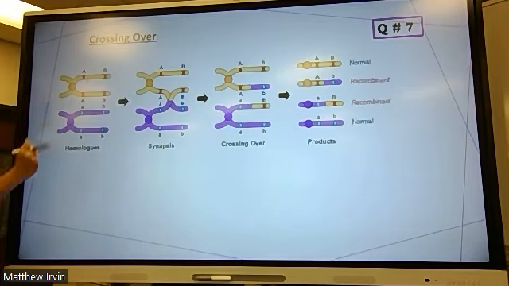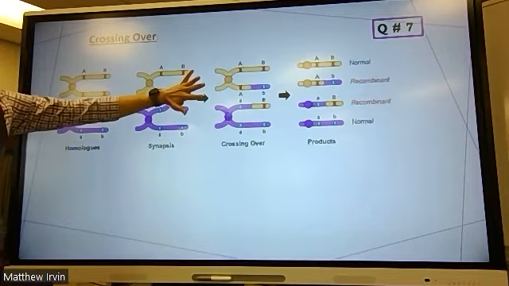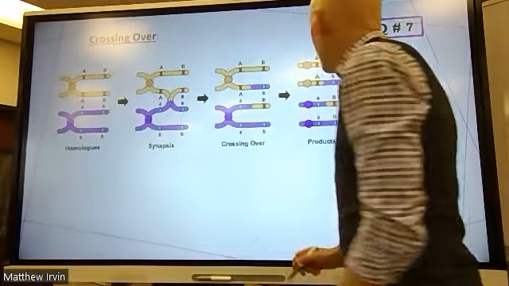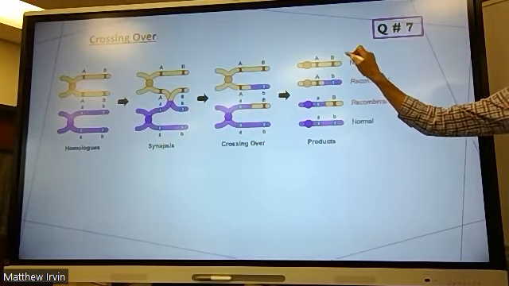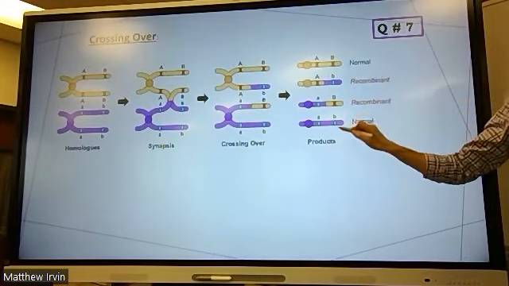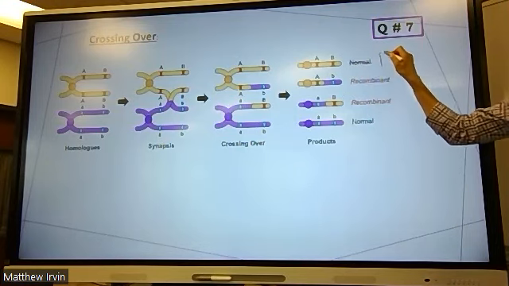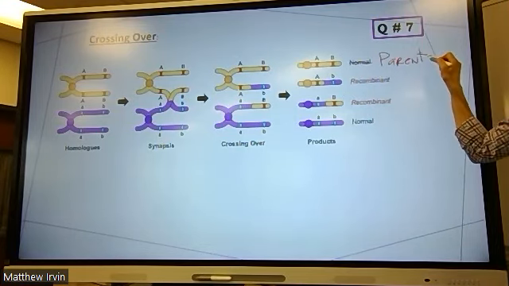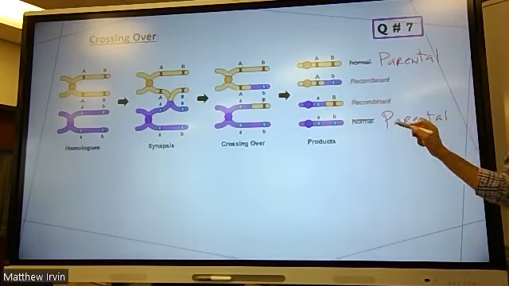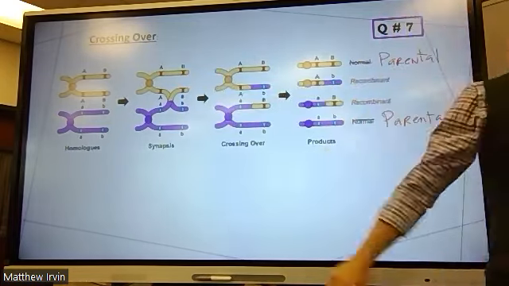So when they are heterozygous and they cross over, the important thing to see is that some of the gametes that result have the normal parental types. So instead of normal, we have the gametes that are the same as the parents of this individual.